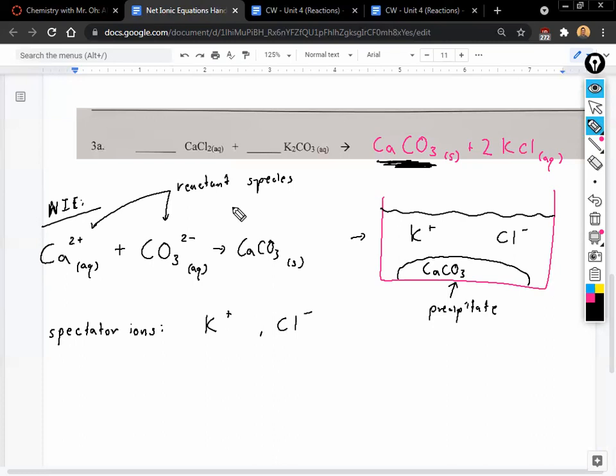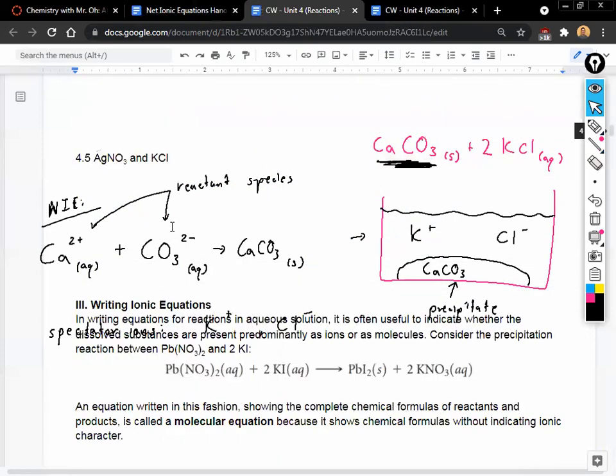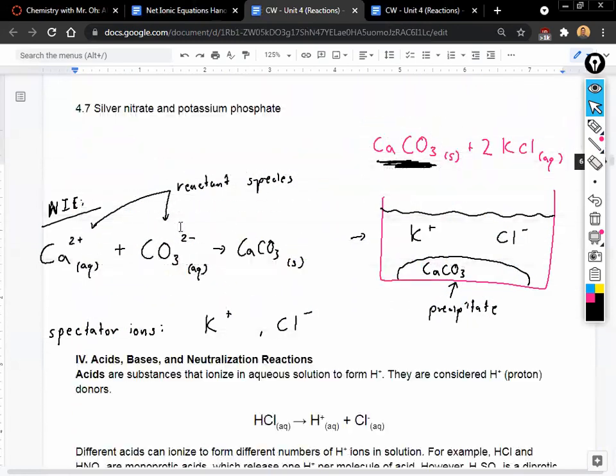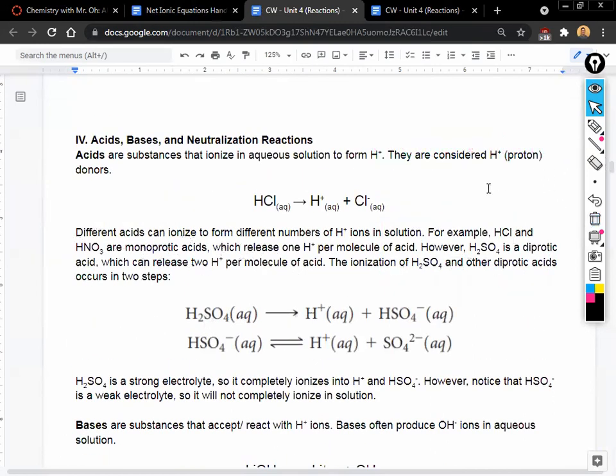Alrighty, so with that being said, let's pull up the class workbook, number 4. We're gonna be picking up where we left off at section 4 called acids, bases, and neutralization reactions, okay? All right.